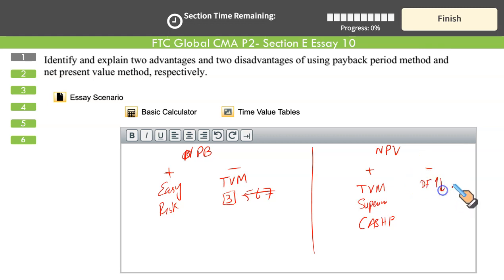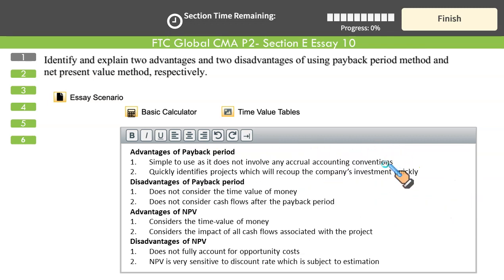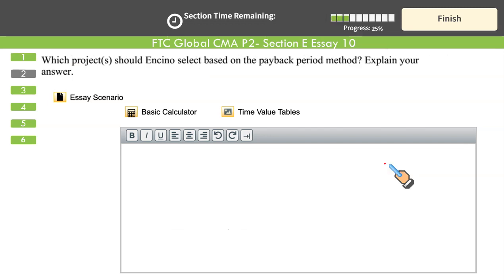Any change in discount factor can seriously swing the NPV from up to down, from down to up. Moreover, it's complex. It's the most complex amongst all, and that's all. 2 advantages and 2 disadvantages each of the payback method and net present value method. You can give your responses in this way and you're good to go.